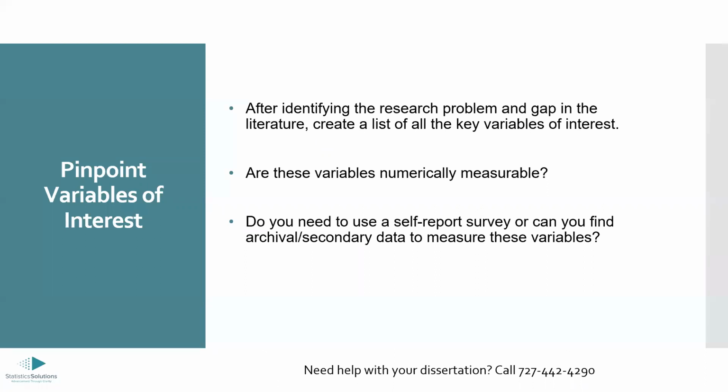All quantitative variables fall into three categories for the most part. You can have nominal variables, which are things like gender, ethnicity, education. And then you have continuous variables, which are variables that fall on a scale or a continuum. Things like BMI, weight, height, composite scores from a survey.